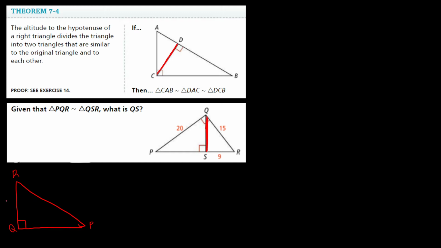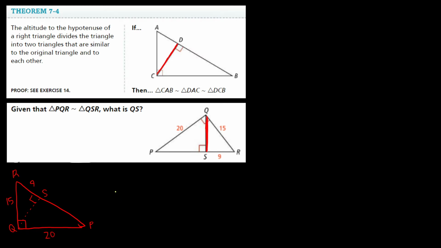I know that my short leg is 15, and when I draw the altitude of this triangle, here's S. I know that the shorter portion of the hypotenuse is 9 units, and I know that the long leg, PQ, is 20 units.